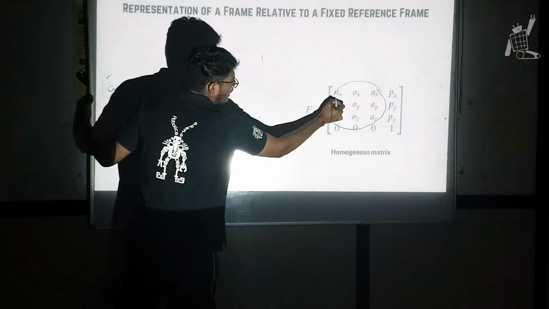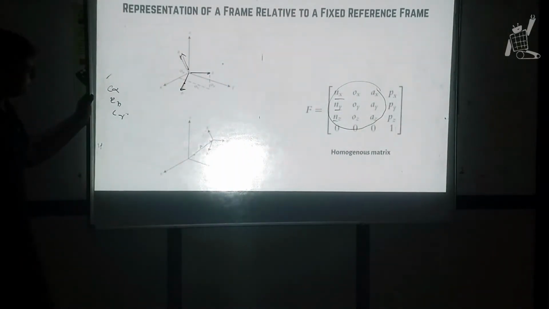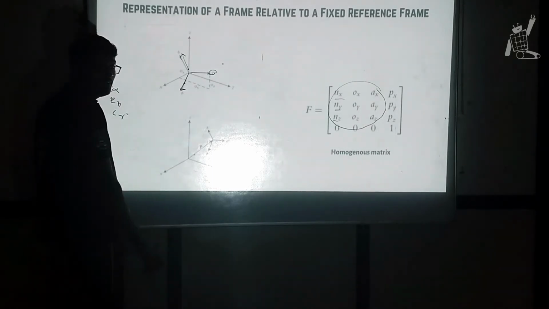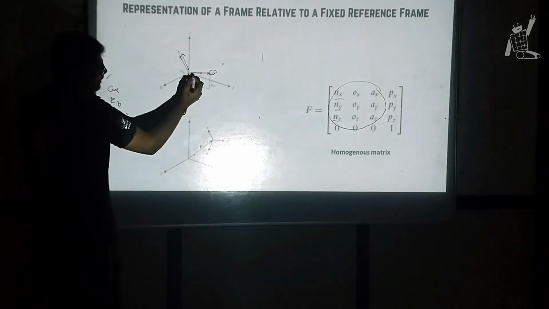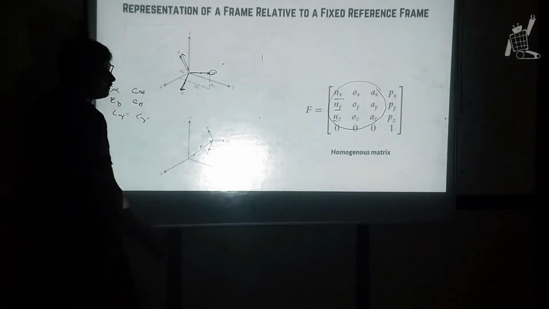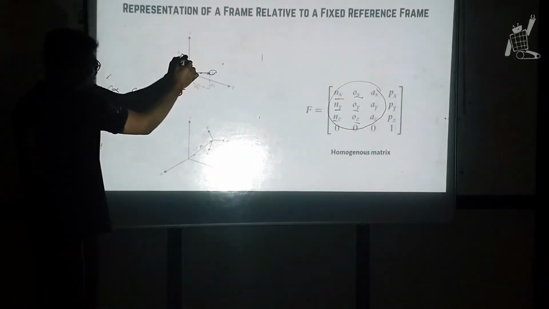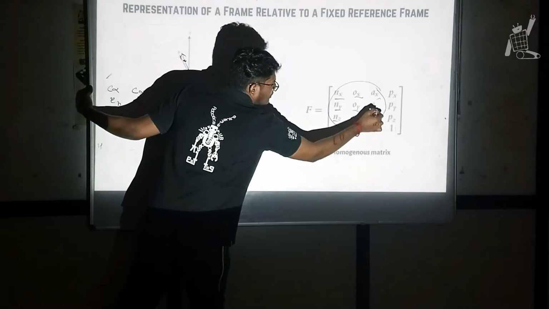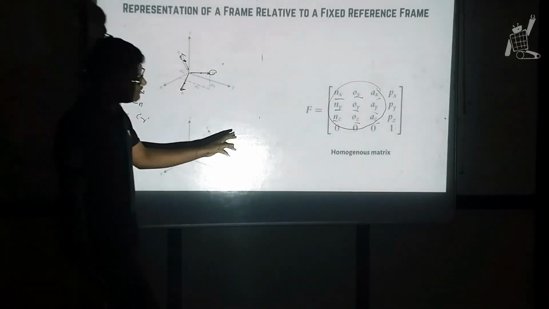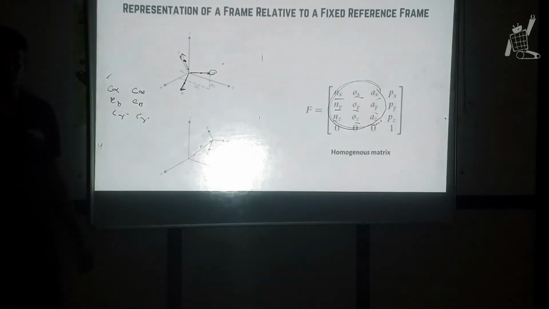So that is actually nx, ny, nz. Similarly, for the o-axis, I can consider some point, and I will get cos alpha, cos beta, cos gamma, so again the direction cosines. Similarly for the other also. So this actually represents the orientation of the smaller frame.